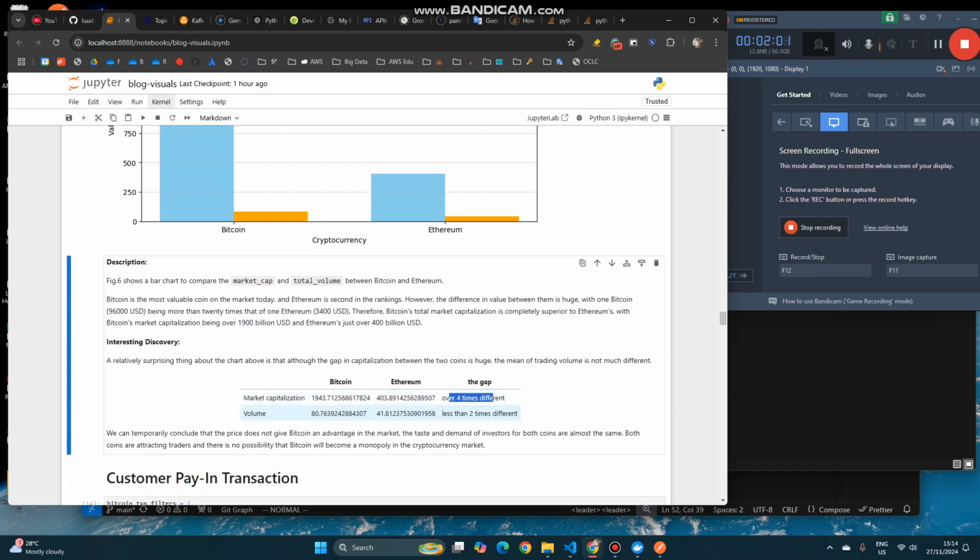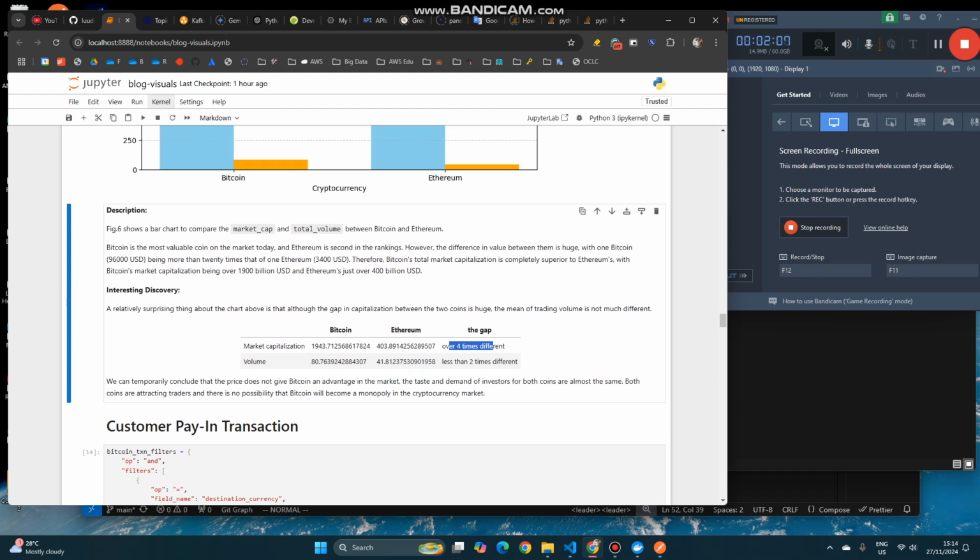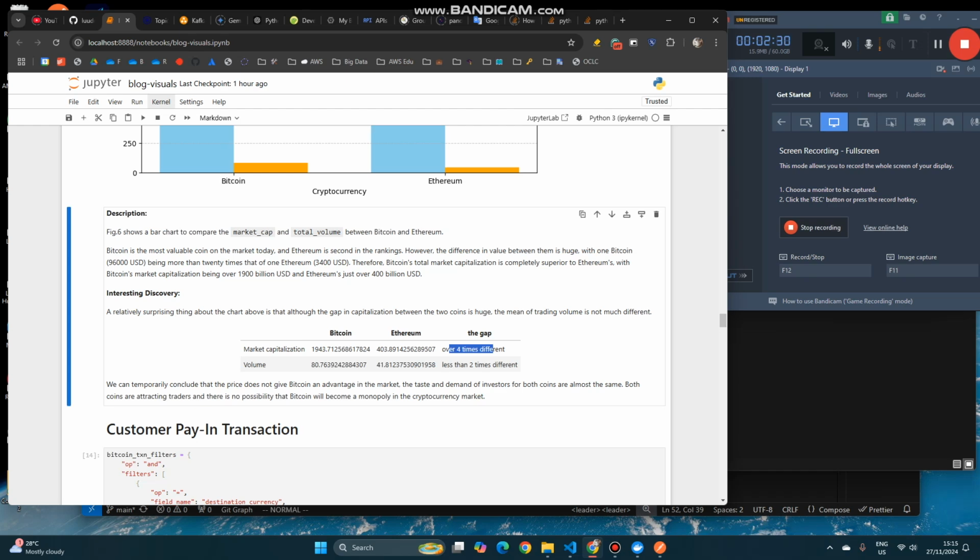It's just less than 2 times different. So what I conclude from this chart is the price does not give the Bitcoin advantage in the market. So the taste and the demand of the investor in both coins are almost the same. So both coins attract the trader, and there's no possibility that the Bitcoin will become the monopoly in the cryptocurrency market.